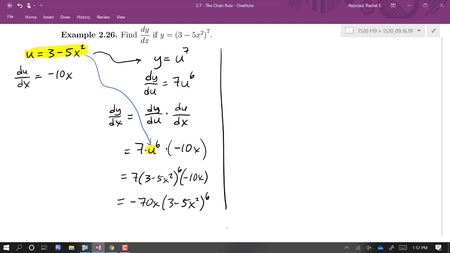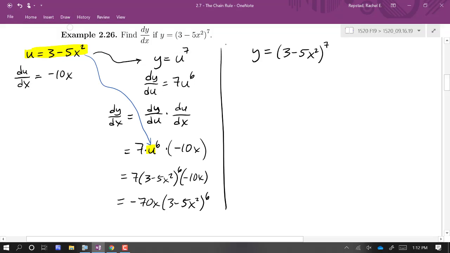So rather than identify the u explicitly, here's my function as they gave it to us. What I need to do is recognize first that I do have stuff to a power, that it's parentheses to a power, and so this is something that the general power rule will apply to. And then I use that general power rule on the parentheses.